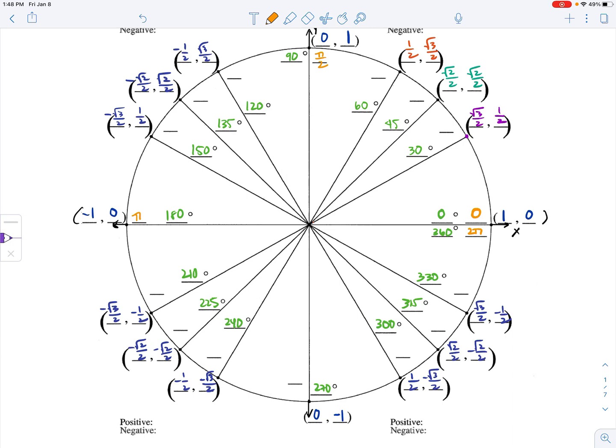Right? Because 90 degrees is half of 180 degrees, meaning 90 degrees is equal to pi over 2. 30 degrees is 1/6 of 180 degrees, so 30 degrees would be equal to pi over 6 radians.